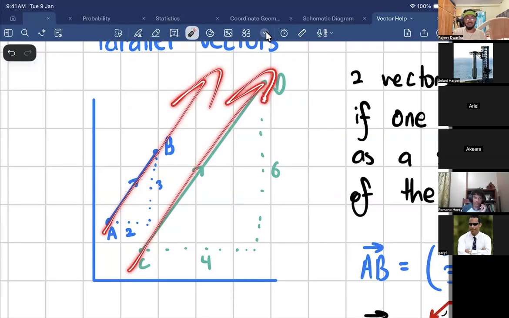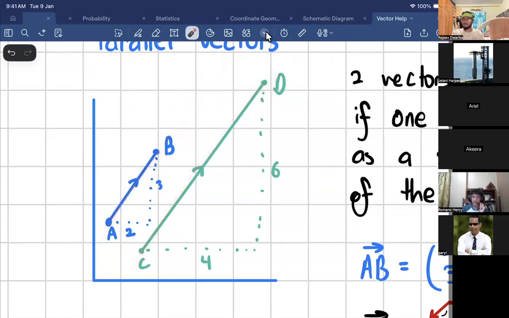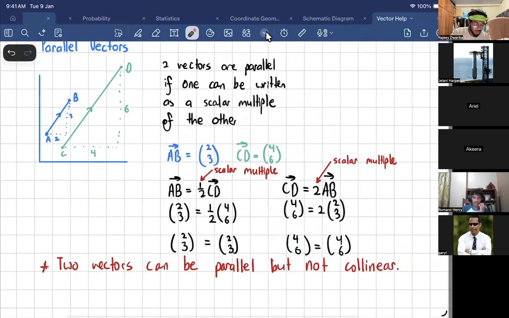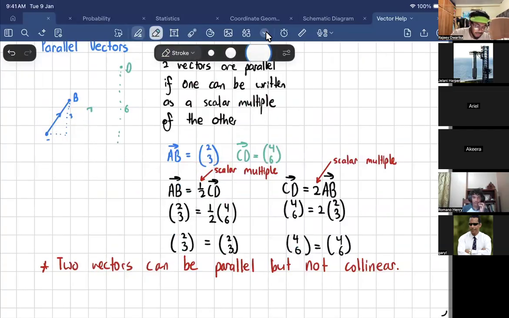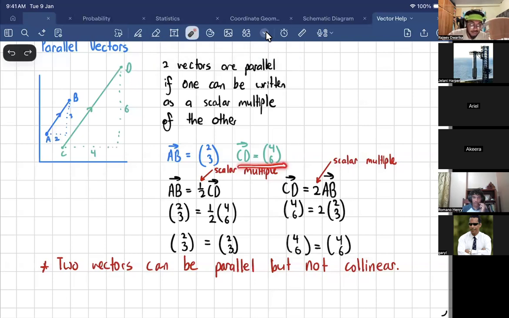Vector A to B is 2, 3. Vector C to D, I told you that it was 4, 6. So using this, I could say that AB is a half of CD, and I could prove that. Vice versa, I could say CD is 2 times AB. Because if this is AB, well, C to D would just be 2 times AB.